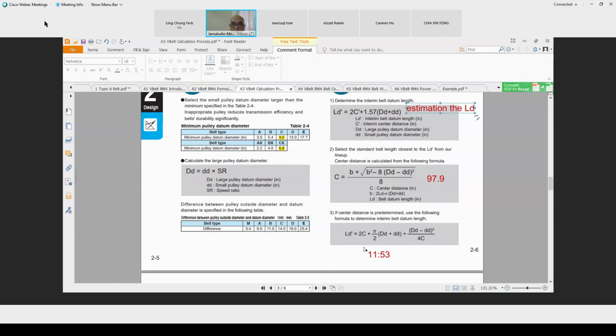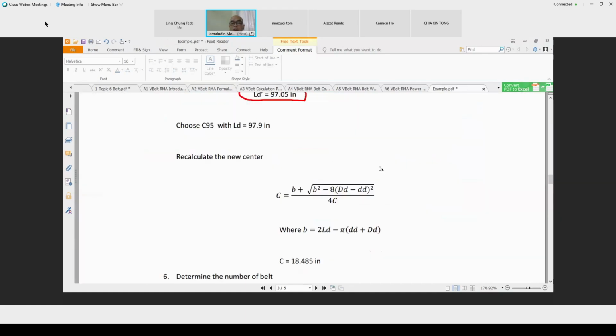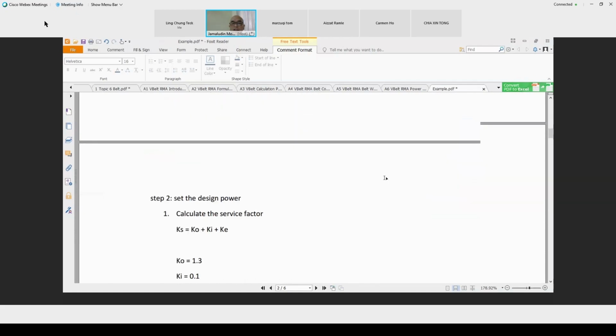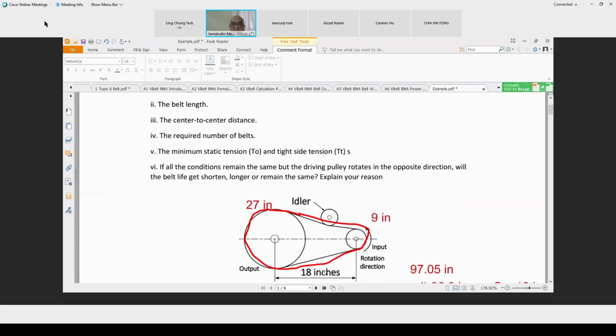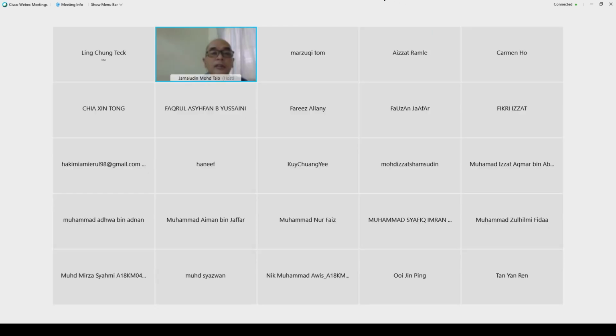And you should get, for example, in this case, all of the configuration here, the details here, plus the type of belt. In this case, it's going to be C90, if not mistaken. That will be the belt type, at the end of step 5. Okay, any question? Let me stop here first.